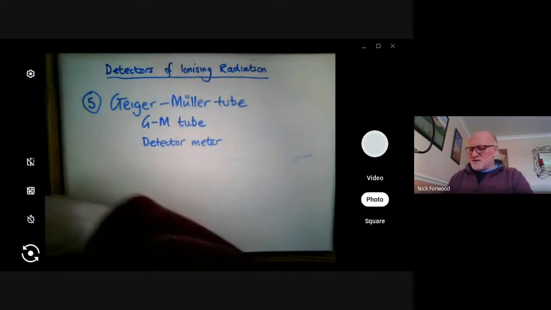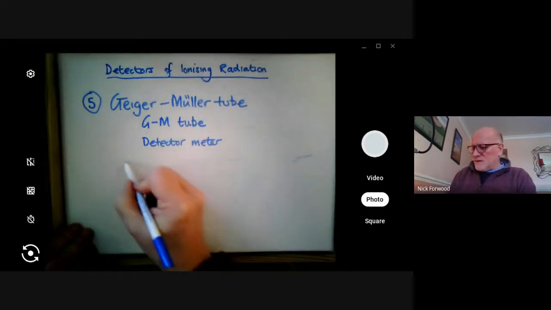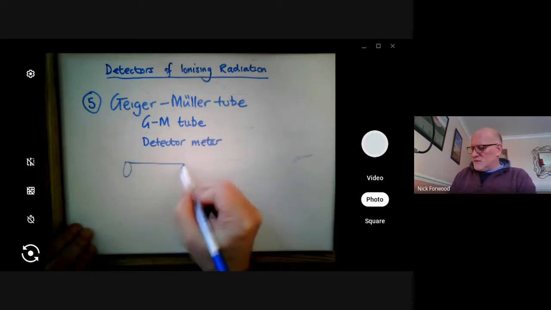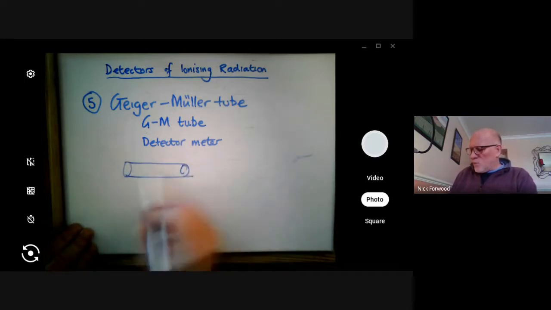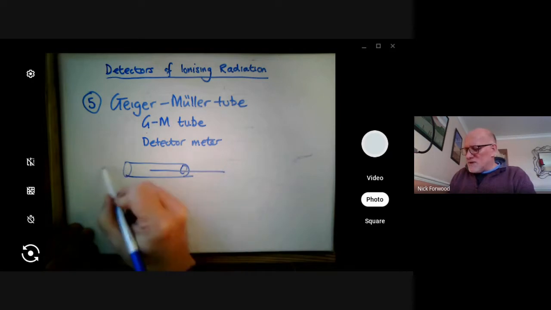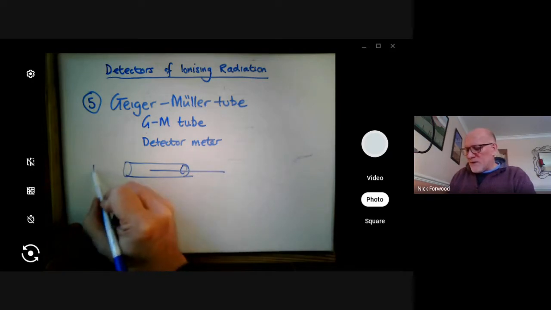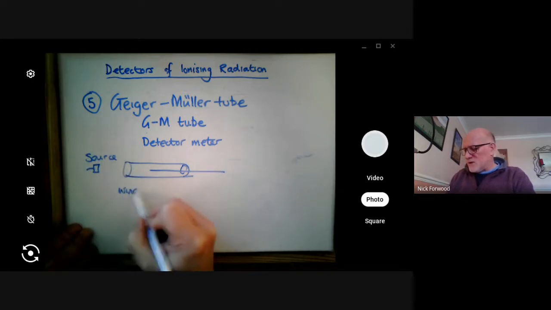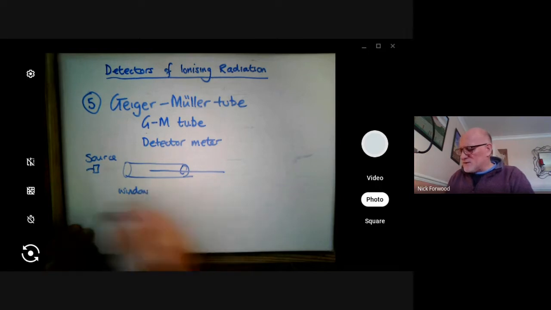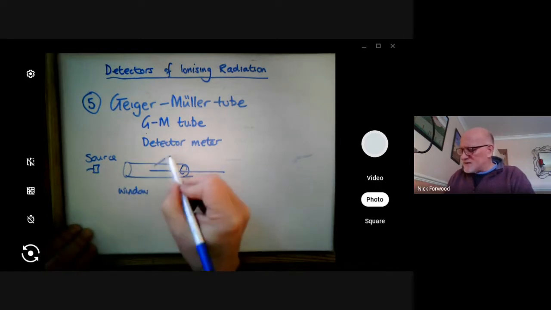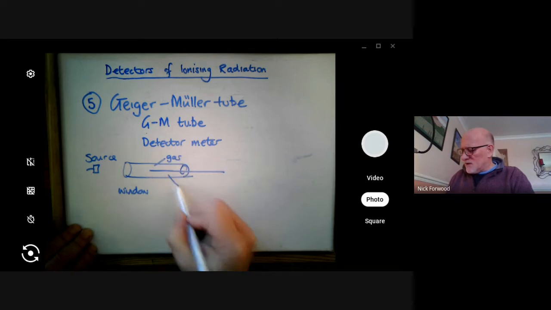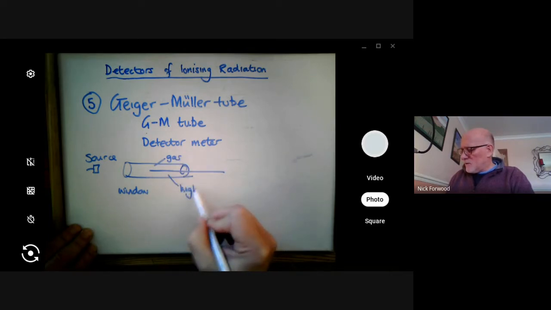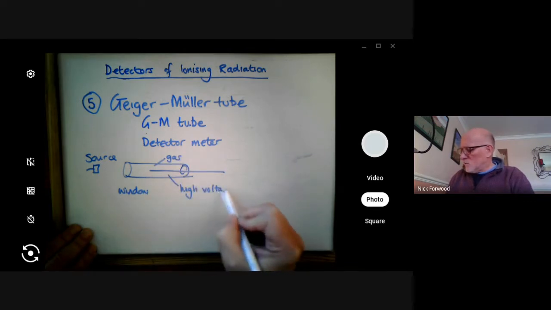So what do you need to get written down for that? You need something like this, which is the tube with a wire. It's got a window. I've got some radioactivity here, which is my source. It's got a thin window. It's very thin, this window, otherwise alpha particles wouldn't be able to get in. It's got some gas inside, and it's got a high voltage wire.